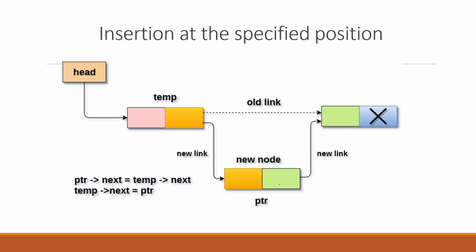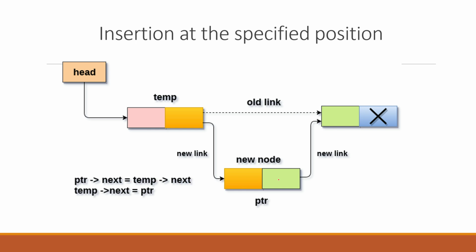This is the representation of a singly linked list insertion at a specified position. This is temp that points to this node, and this is a new node. The statement will work as ptr next is equal to temp next.